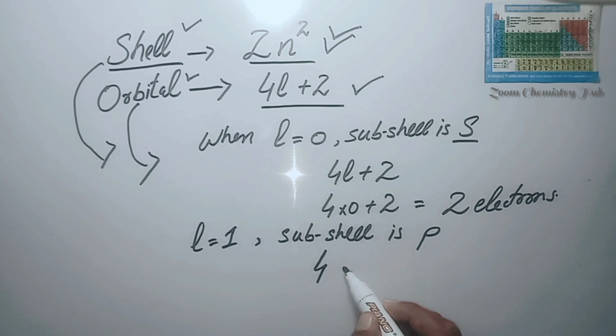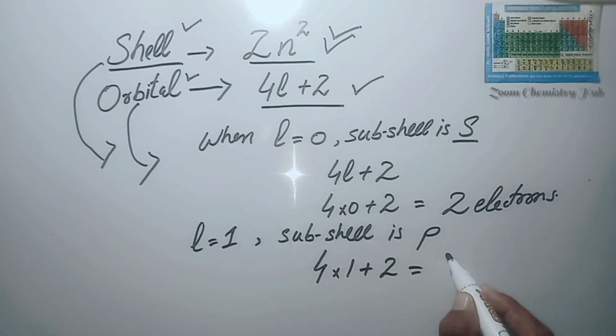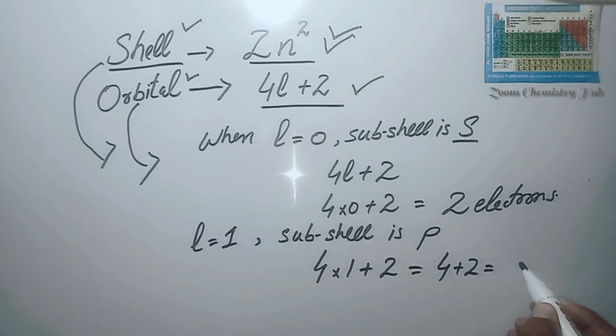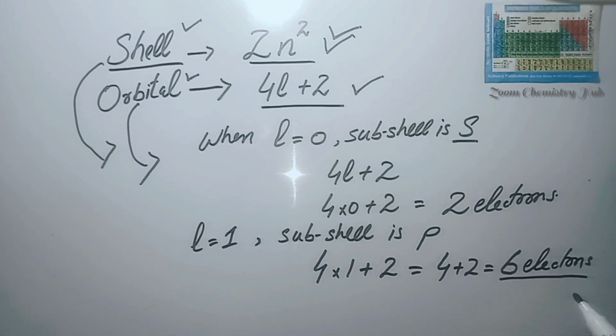Here 4 into the value of l, which for the p subshell is 1, plus 2. So 4 ones are 4 plus 2. So the maximum number of electrons in the p subshell is 6.